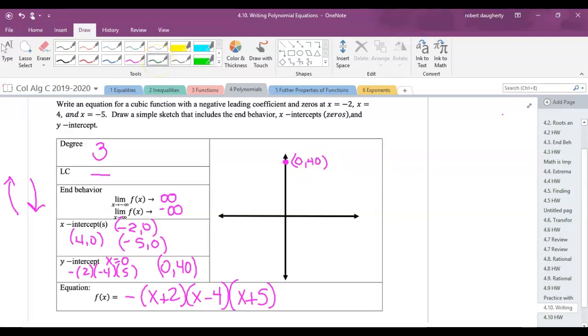Is there any multiplicity here? No. So I would do what at each of those x-intercepts? Cross the axis. So at -2, that's right there. At -5, that's right there. At +4, that's right there.